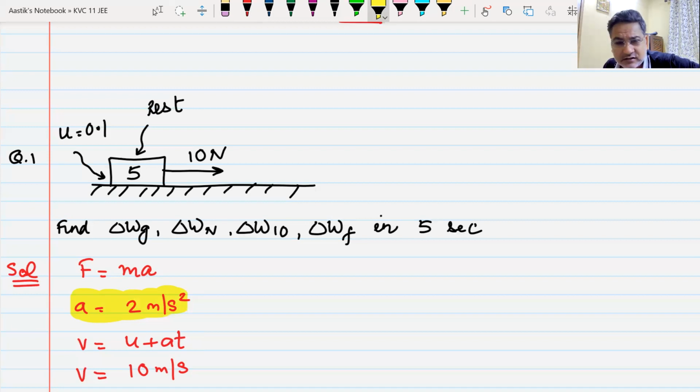What is N? Mass is equal to... How did you get this answer as 2 meter per second square? That is what I'm asking, beta. Acceleration constant. Yes, beta.